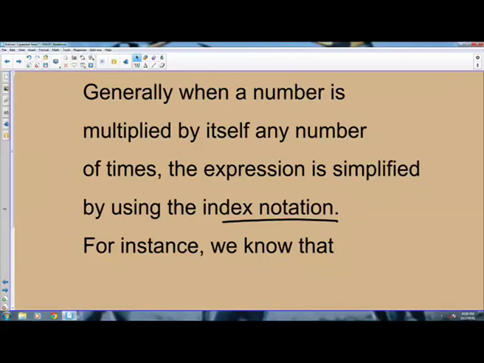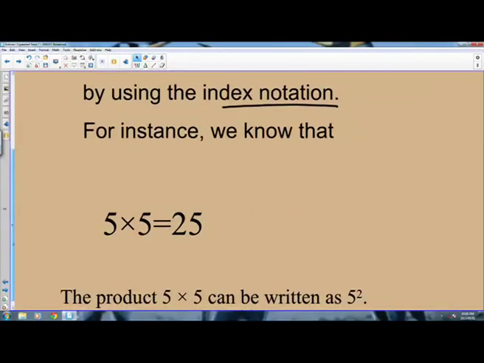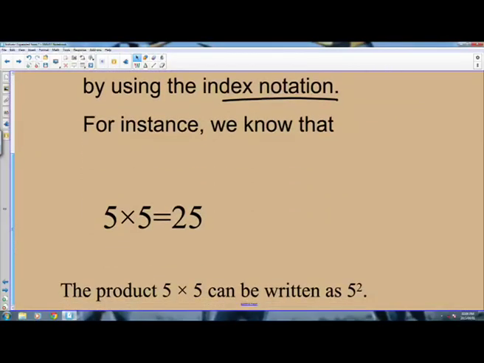For an example, if we have 5 times 5 equals 25, we can write this as 5 to the power 2. This is the same as 5 times 5, and this will give you 25. So this is the index notation for 5 times 5.